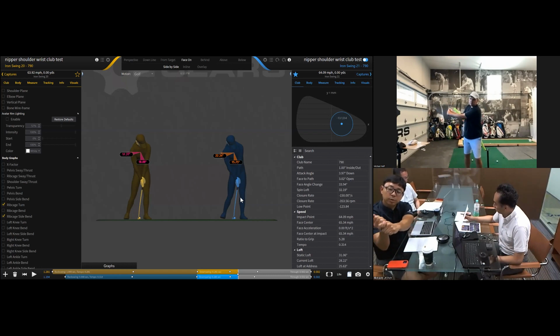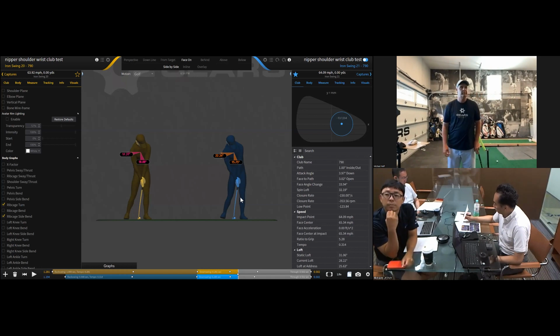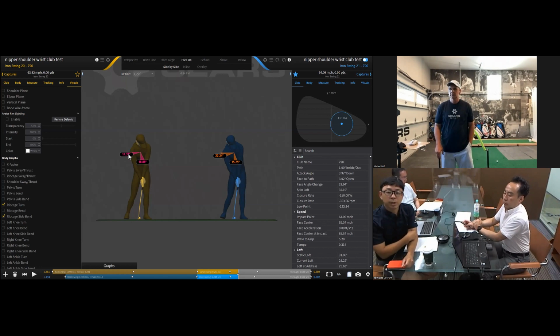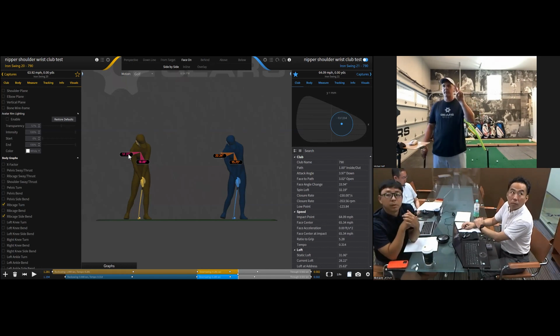So that drill allows me to get more turn or to match up the turn and the side bend here. With this approach, we can bring side bend and turn closer to appropriate values, like the tour player. So two drills for you this month.